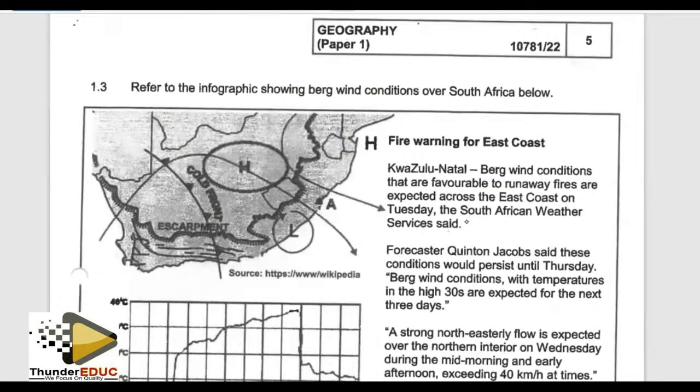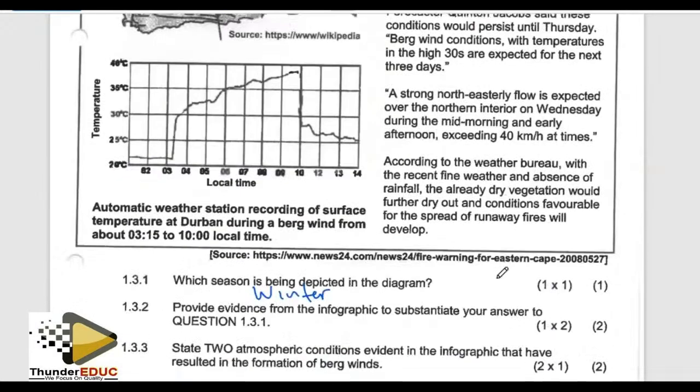Firstly, you can see that the high pressure cell is dominating the interior. Learners, whenever you see this H, it represents a high pressure, and that means it is dominating the land in winter. So this is typical of winter conditions.